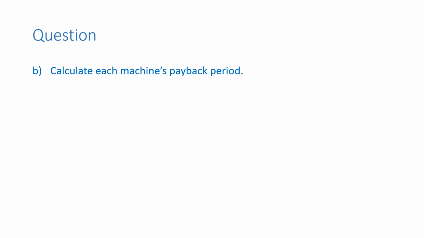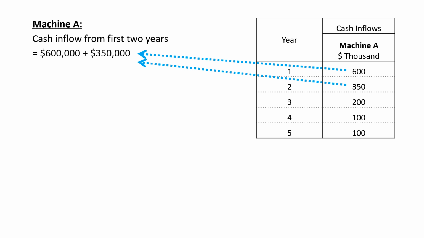Calculate each machine's payback period. Cash inflow from the first 2 years: 600k plus 350k gives you 950k.